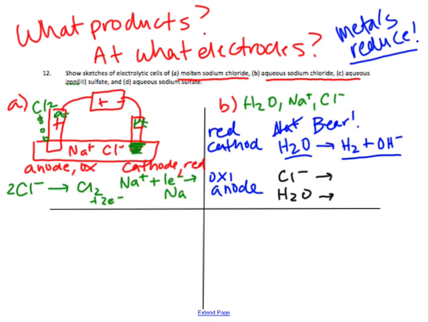Which one are we going to do? Cl-, because water would be boring. And what are we going to make? Cl2. I know I didn't balance the one above, but that doesn't change what our products are. So I make Cl2 gas at the anode and hydrogen gas with OH- ions at the cathode. Questions?